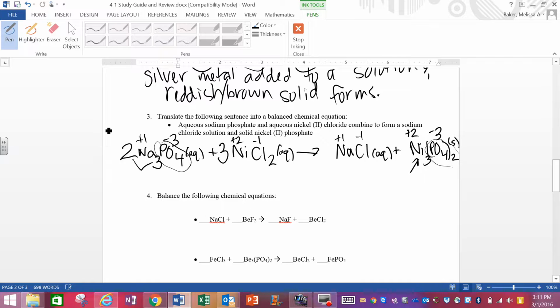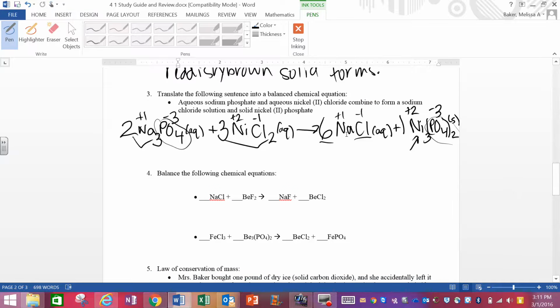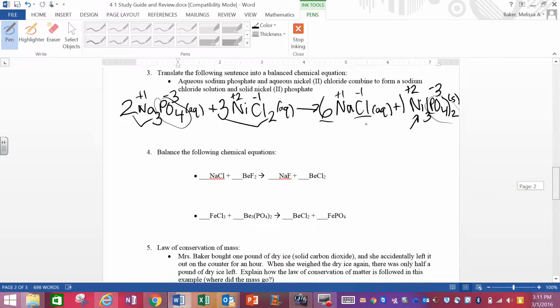Now I've got 2 times 3, 6 sodiums, so I'm going to need a 6 here. And then double check my chlorines. 6 chlorines, 3 times 2, 6 chlorines. So the coefficients are 2, 3, 6, 1 in front of that Ni3(PO4)2. So there's a lot of work to do in that little question.